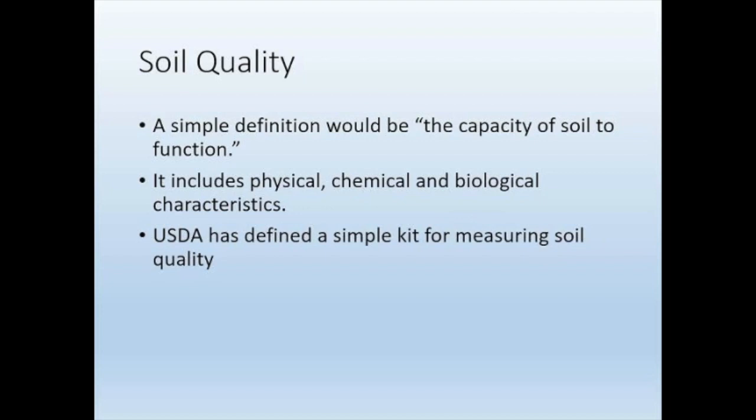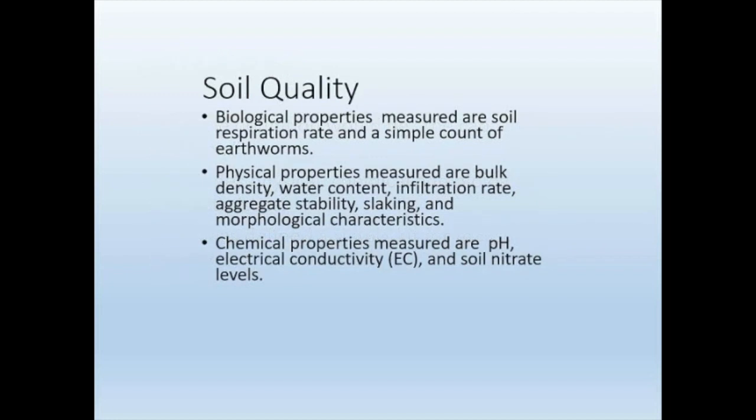So for soil quality, the simple definition might be the capacity of a soil to function. Its physical, chemical, and biological characteristics. USDA now has a kit for measuring soil quality, and we'll see more measurements of soil quality coming into our work. Soil quality more encompasses the biological properties of a soil than what we are used to measuring.